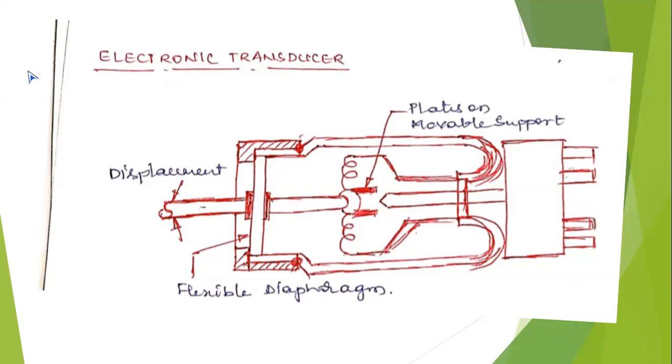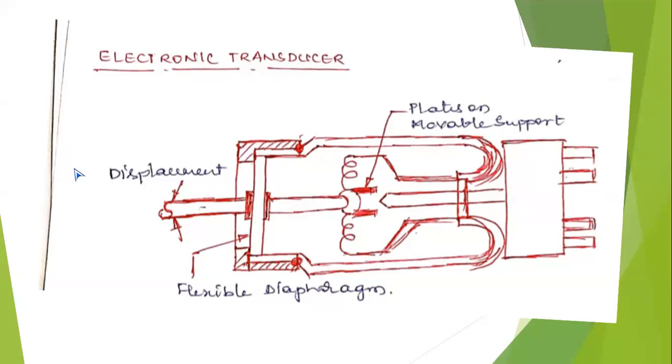The deflection coming from the movement of the plunger, amplified by the flexible diaphragm, is transmitted to the tungsten filament. The tungsten filament again has a movable plate, and in between the movable plate there is a rod connected to the terminal, which is connected to the milliammeter.